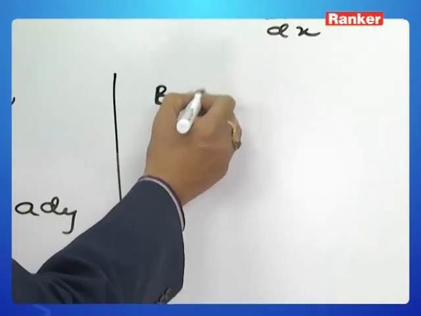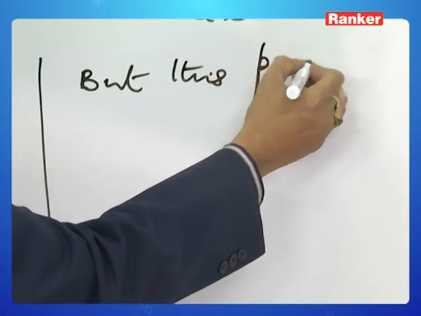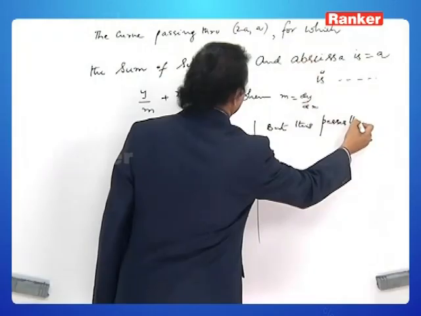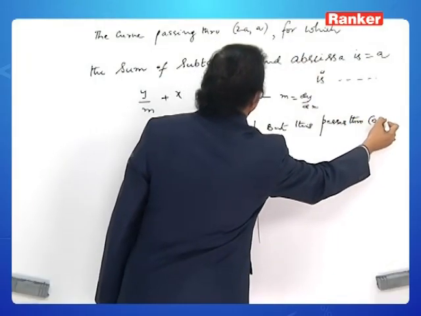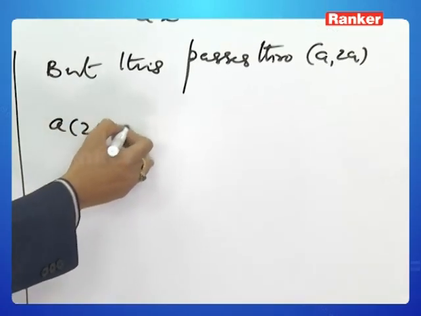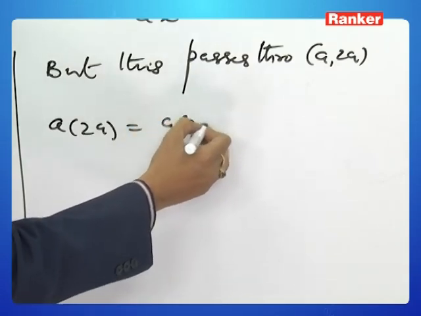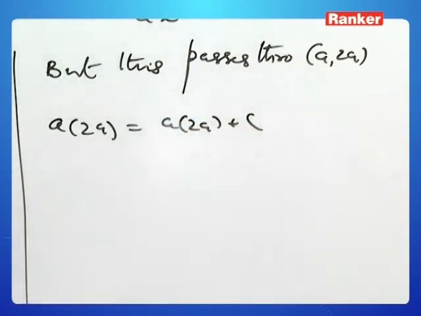But this passes through (a, 2a). Therefore, a into 2a is equal to a into 2a plus c.